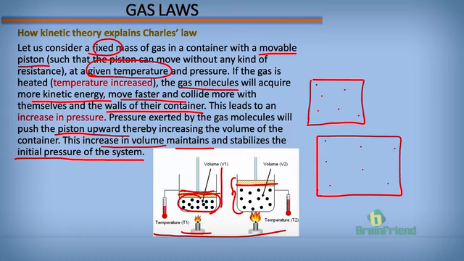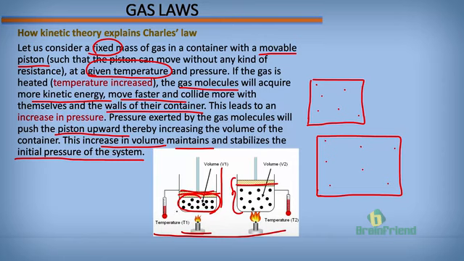Charles' law says that for a fixed mass of gas molecules at constant pressure, the volume of the system is going to be directly proportional to the temperature of the system.